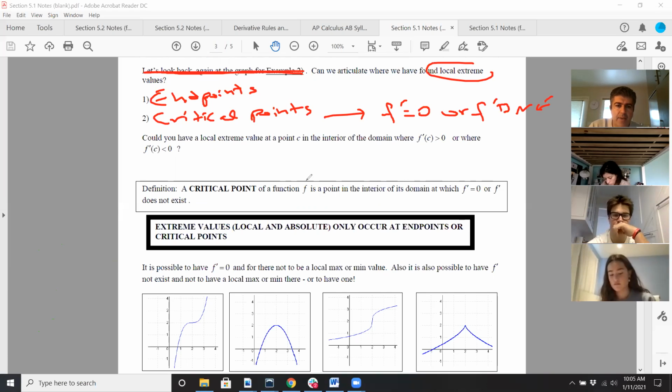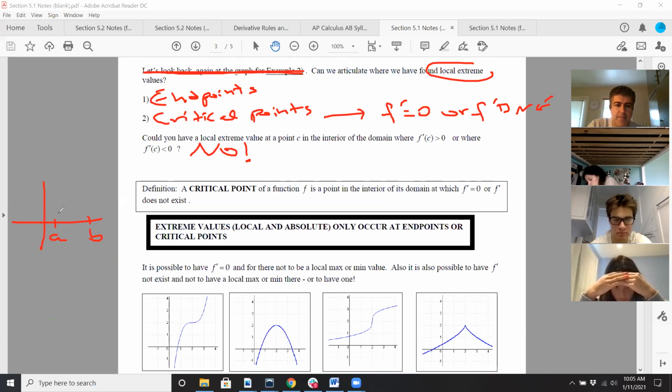And can you have a local extreme value at a point C in the interior of the domain where f prime C is greater than 0 or f prime C is less than 0? No. Your derivative has to be equal to 0 when you're in the interior of a domain. So let's say here's A, here's B, you have your endpoints.